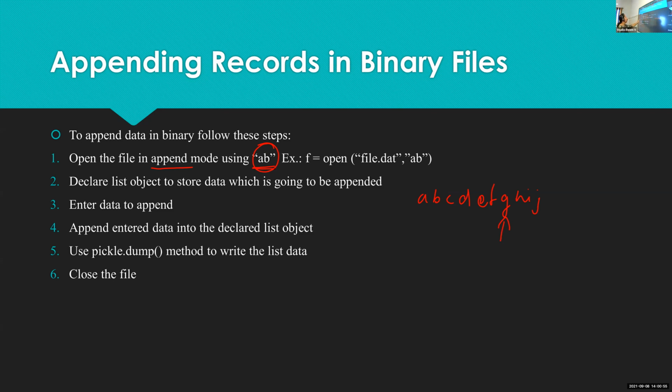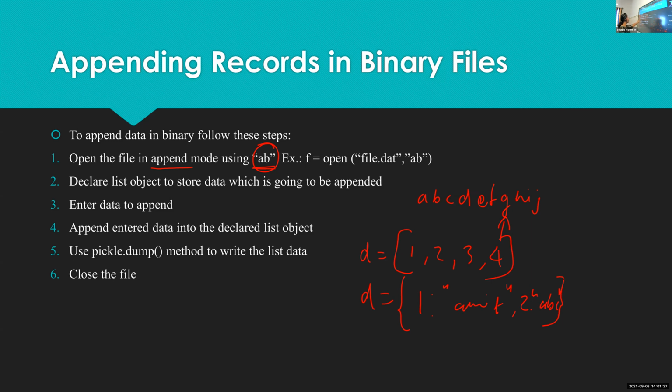After that, declare a list object, because a binary file is based on either a list or a dictionary. After opening the file, you want to declare the list object to store the data which is going to be appended, just like D = [1, 2, 3, 4], or D = [1, Ahmed, ABC], just like that.